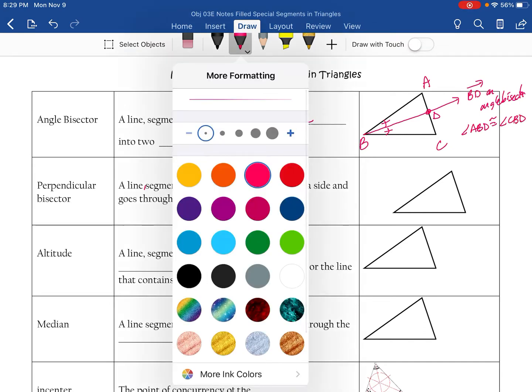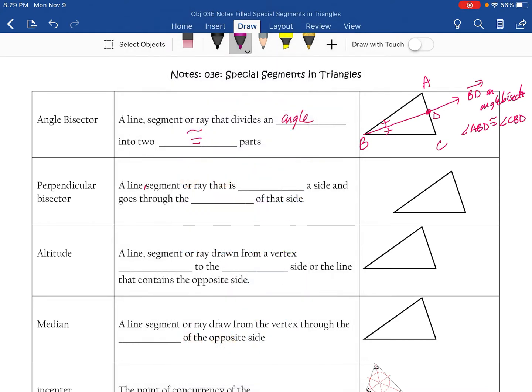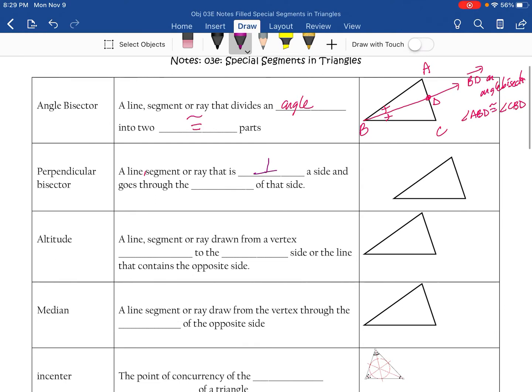So I'm putting notes there because you need to remember the type of information that you can conclude from whatever you're given. So in this case, an angle bisector. Perpendicular bisector, line, segment, or ray that is perpendicular to a side and goes through the midpoint of that side.